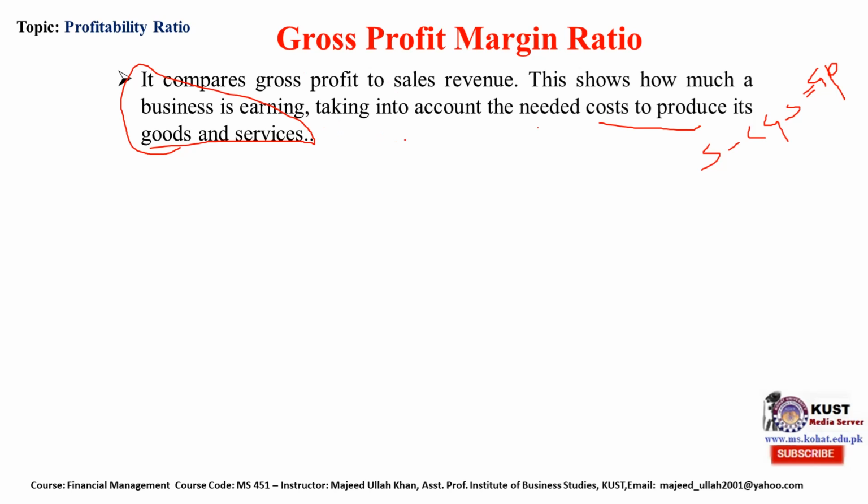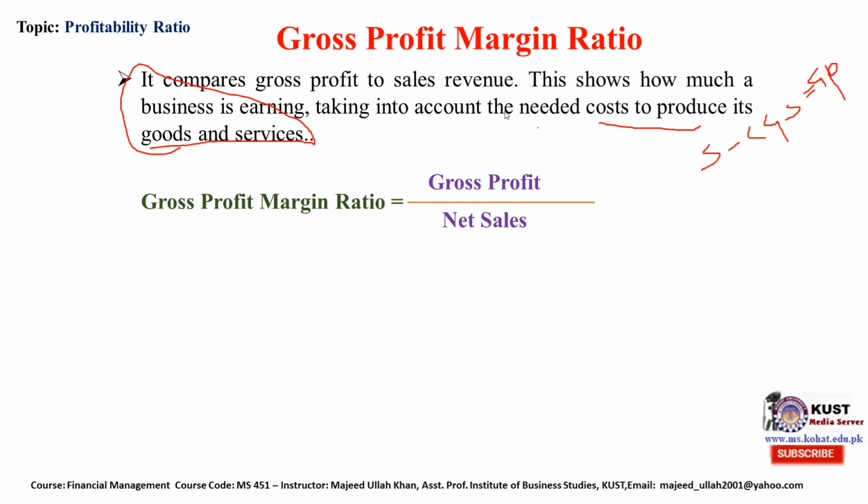It means this ratio basically provides information about how much the company is earning after taking account of the manufacturing expenses. The gross profit margin ratio is calculated by gross profit divided by net sales.